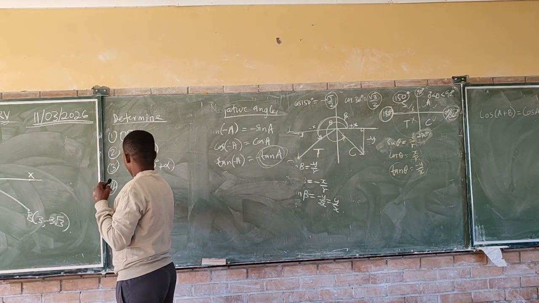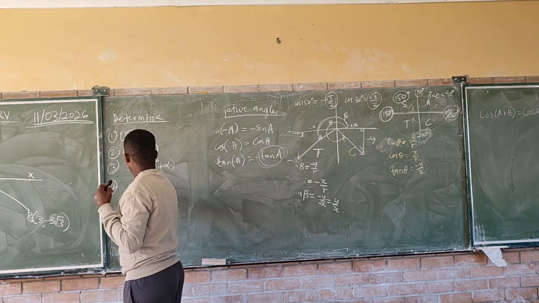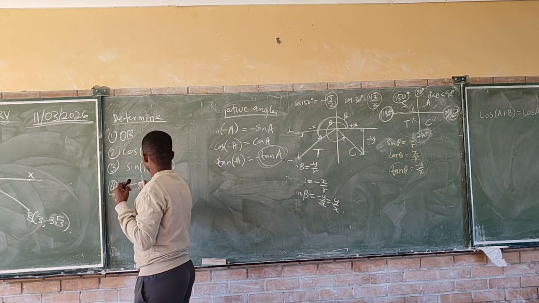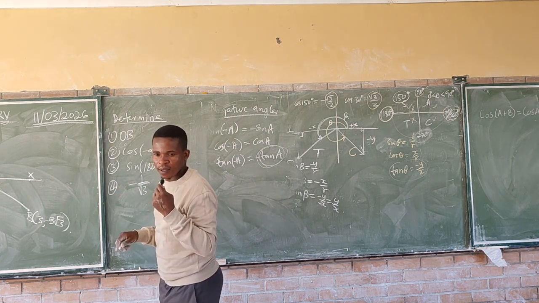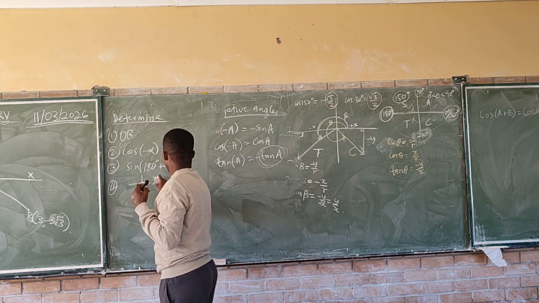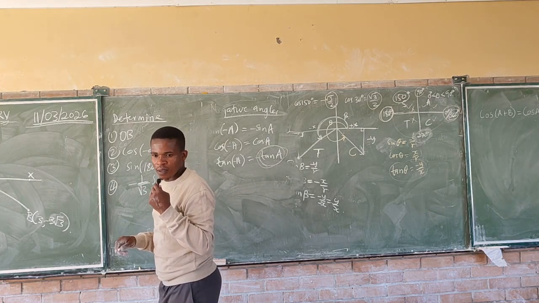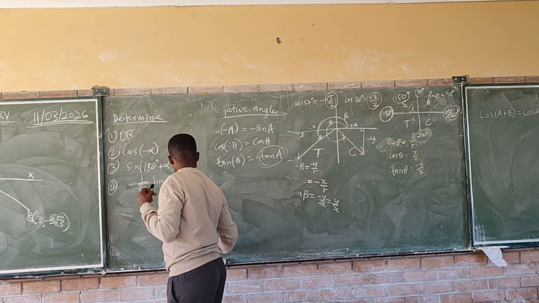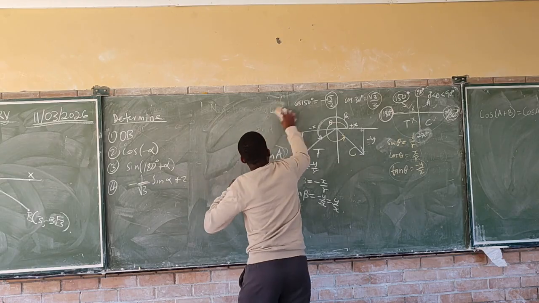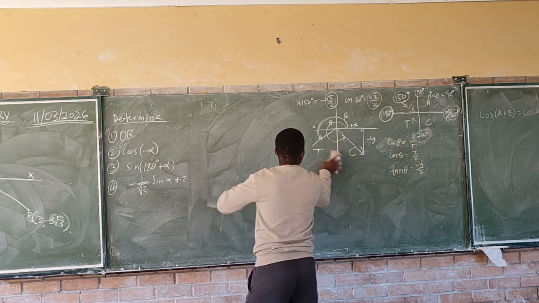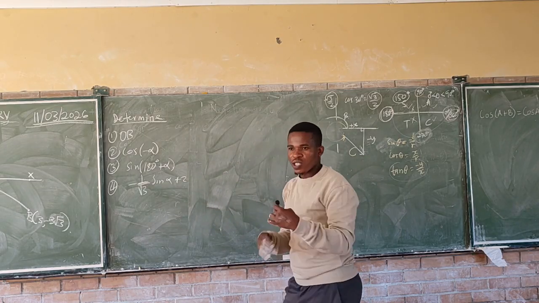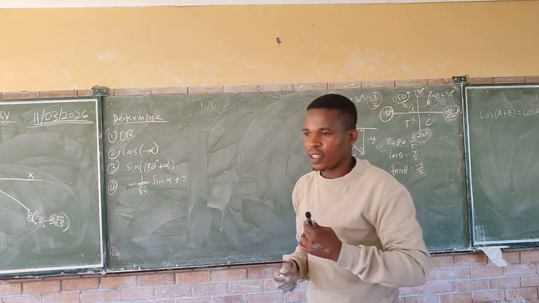Number 4 is minus 1 over the square root of 3 sine of alpha plus 2. Alright, let's run quickly and finish this one. Now you are going to see our basics are going to come in.